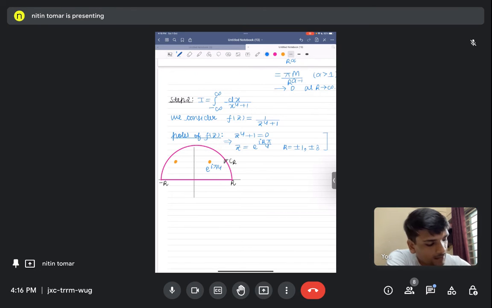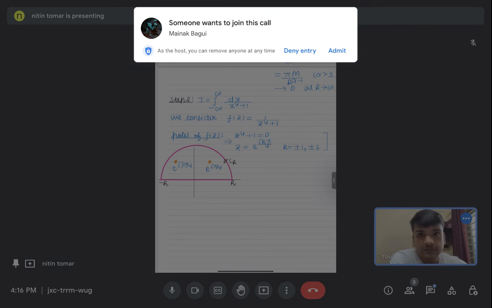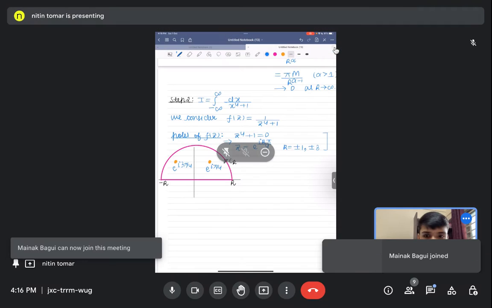And another will be e^(i 3 pi by 4), because 3 pi by 4 is again some theta that lies in the second quadrant. So only two poles are there in this closed contour.